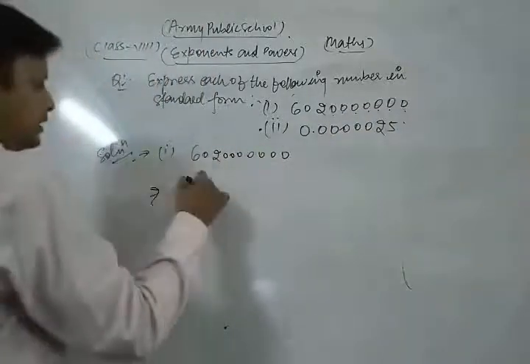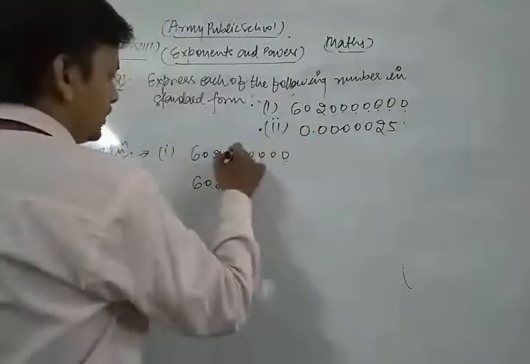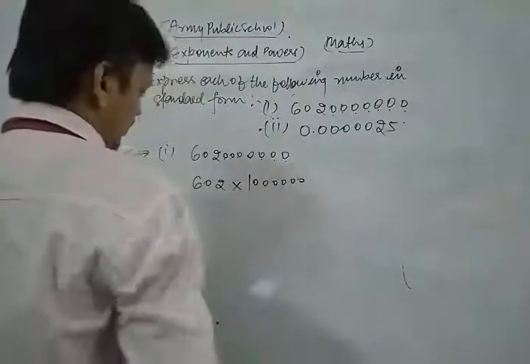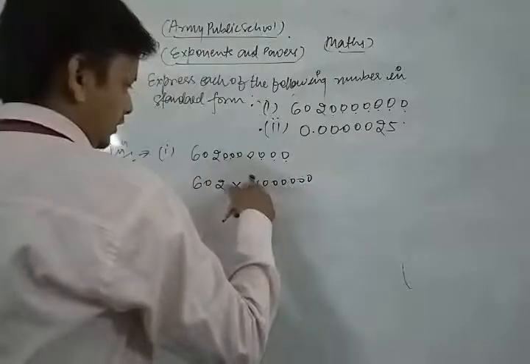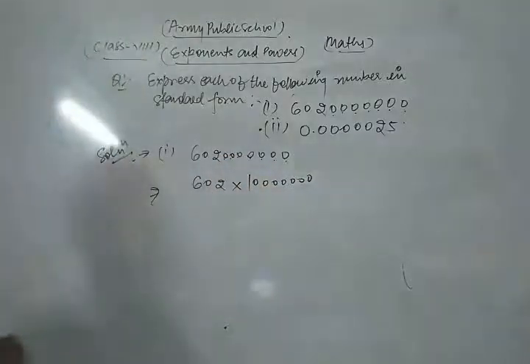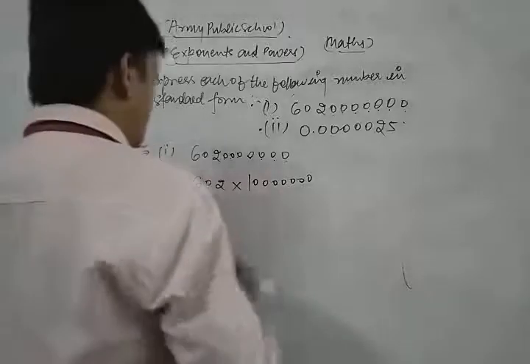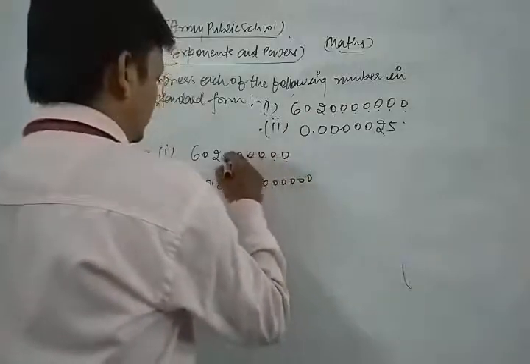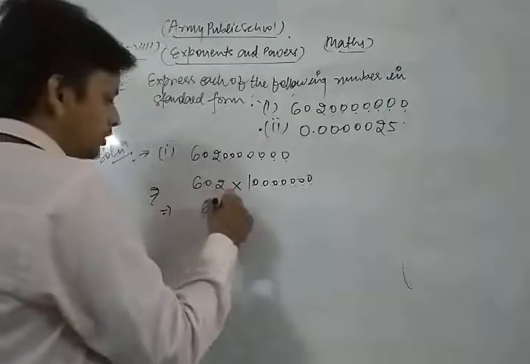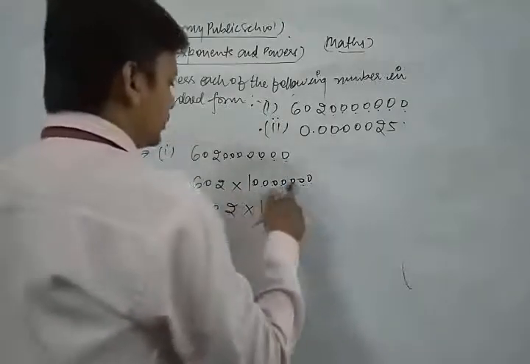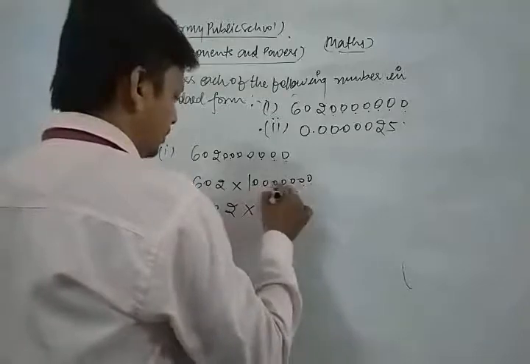Now we can write this number in this way also, 602 into 10 to power 7.